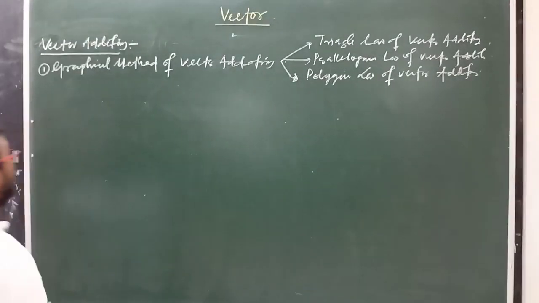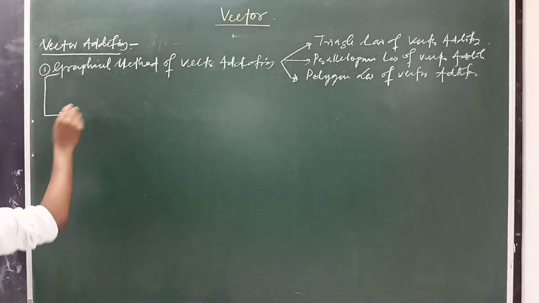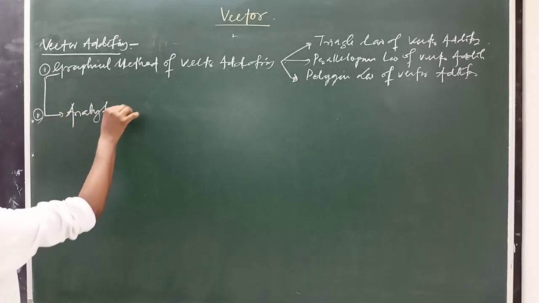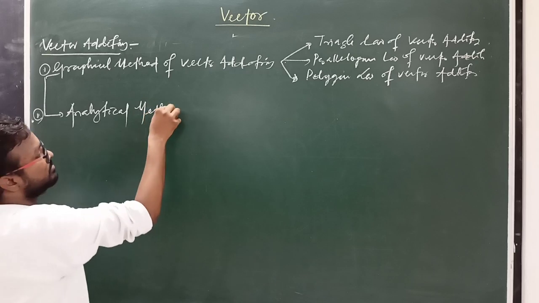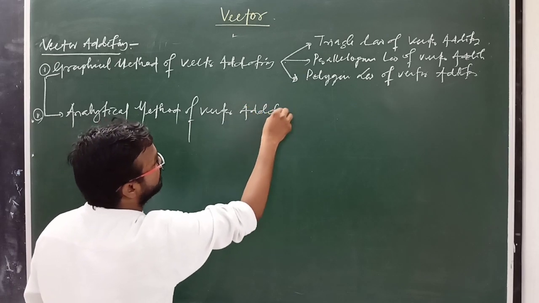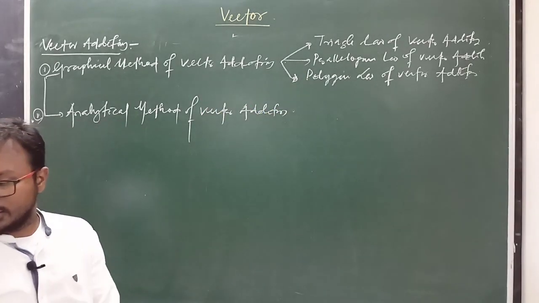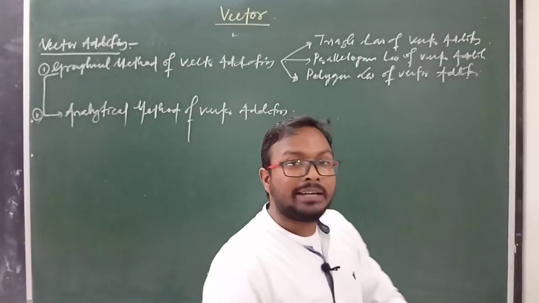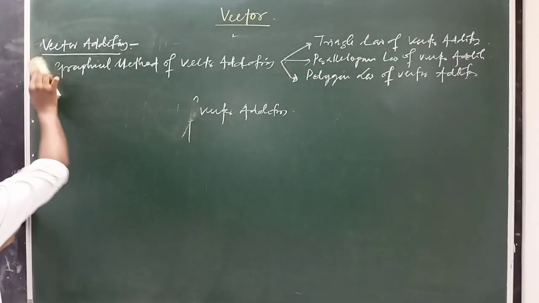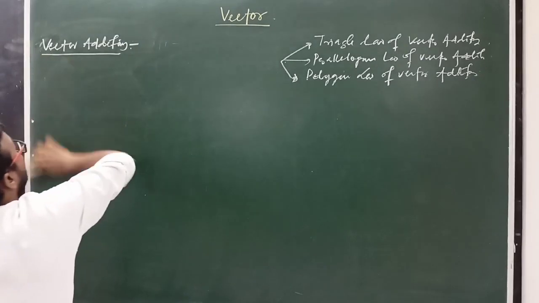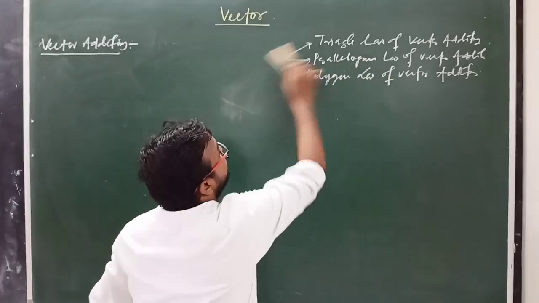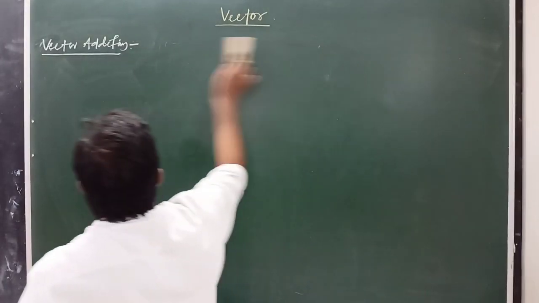Clear? And next important point, second point, analytical method of vector addition. Clear? So first we have to derive the graphical method or graphical representation of vector addition. First graphical method is known as triangle law of vector addition, second one parallelogram law, and third one polygon law of vector addition.